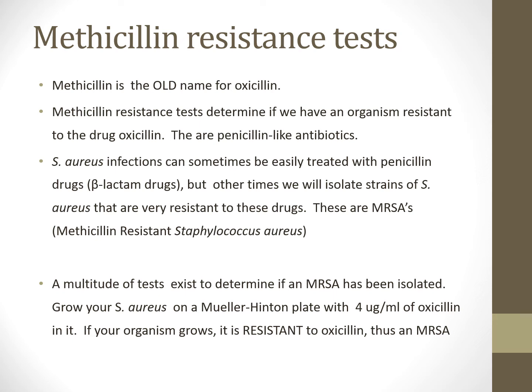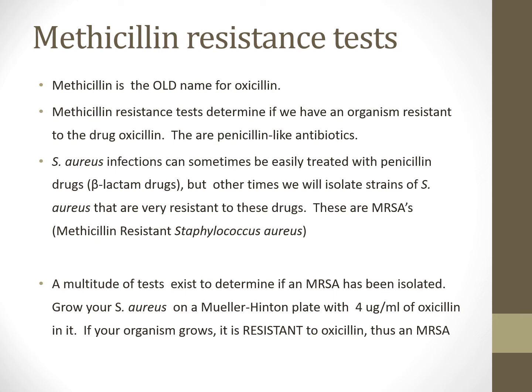In 1944, we saw the first penicillin-resistant organisms, so they invented ampicillin, methicillin, and drugs like that. In 1951, methicillin is invented, and in 1952, we started seeing methicillin resistance already.